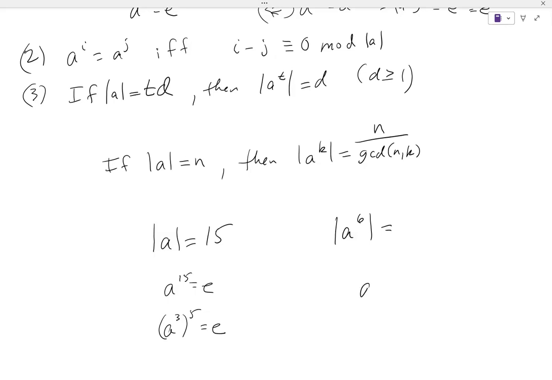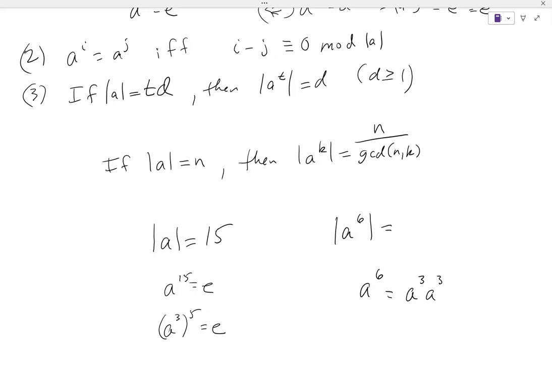So let's go over here. If I have A to the 6th, that's A cubed, and then another A cubed, right? Essentially. I guess I could have written it as a 2 times 3. Doesn't matter, right? But notice it's got an A cubed in it.